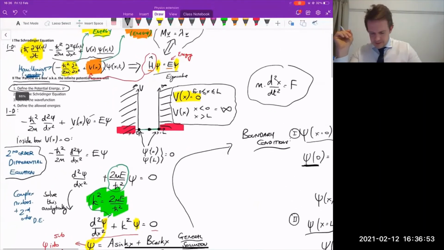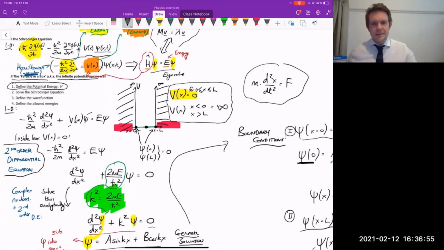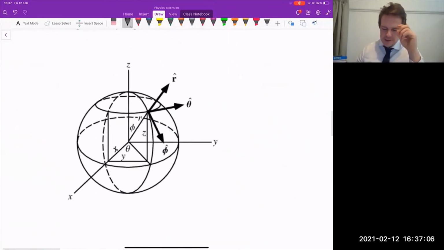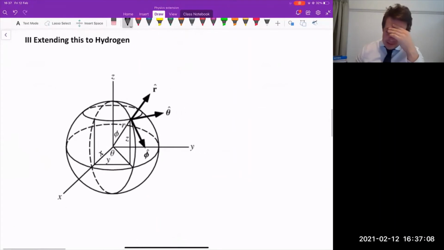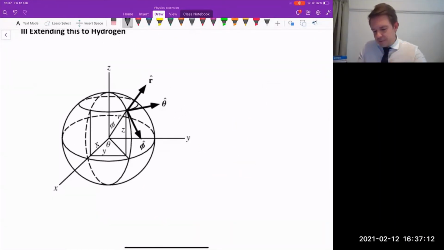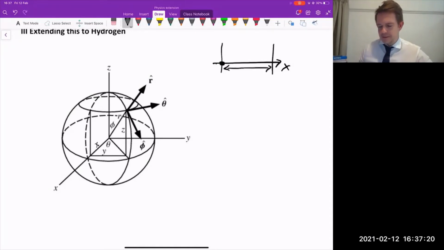Now, the next thing I'd like to do is relate that to the hydrogen atom. If you thought that was bad, then trying to do that for a hydrogen atom is horrendous, because instead of considering what's going on in just one dimension, particles trapped along a line, how simple is that?